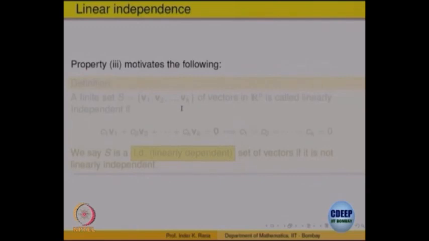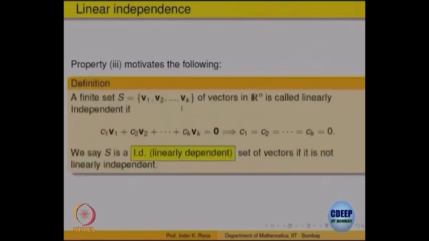That set is called linearly dependent. Opposite of independent, we say it is dependent. Independent means 0 has unique representation, and dependent means 0 does not. That means the sum of alpha_i v_i equals 0 for not all alpha_i equal to 0. Such a relation should be possible.